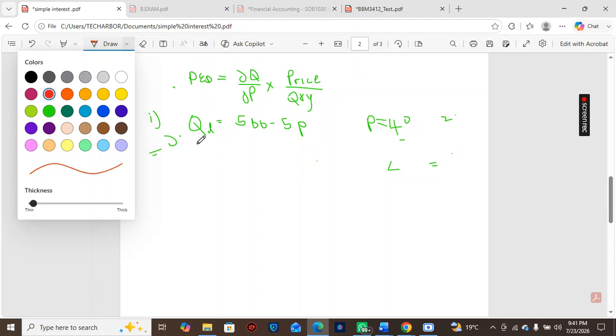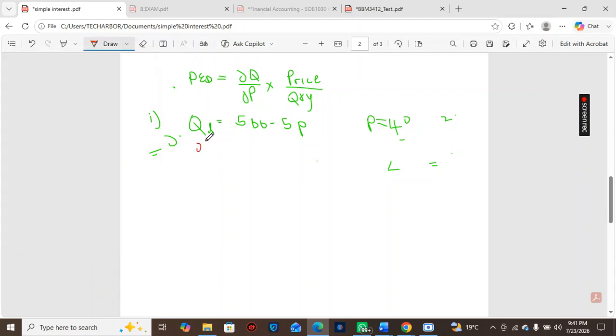The 500 doesn't have a letter attached to it, so it disappears. The negative 5P, when we derive it, becomes negative 5. Colleagues, are we all okay with this derivation? We get negative 5.